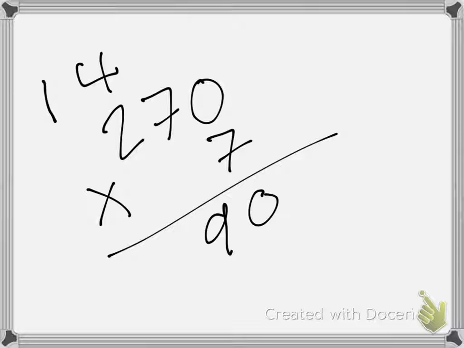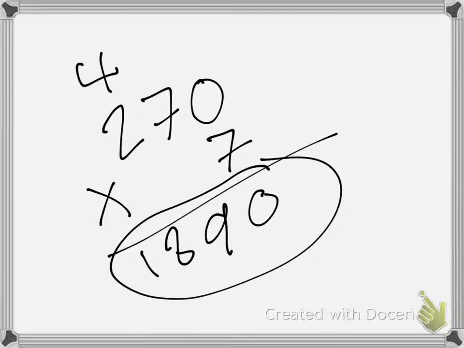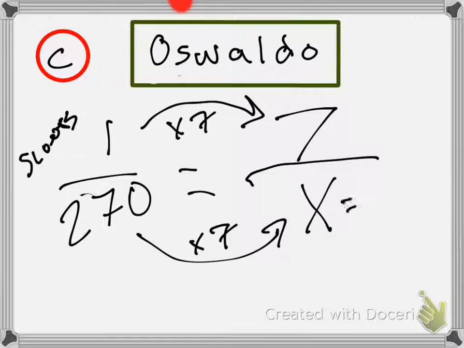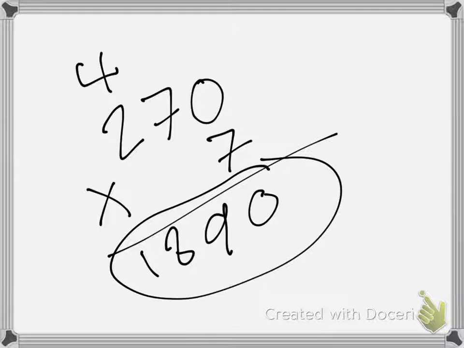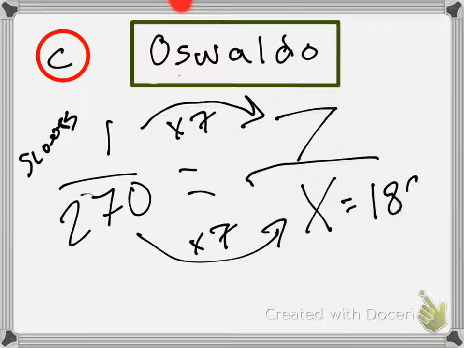We don't need to put the 1 there because we're going to put it at the bottom. What's 7 times 2? 14. 14 plus the 4, we get 18. So how many are in 7 scoops? Our x is equal to what? 1,890. Excellent! It's equal to 1,890. Great job, Oswaldo. Sit down.